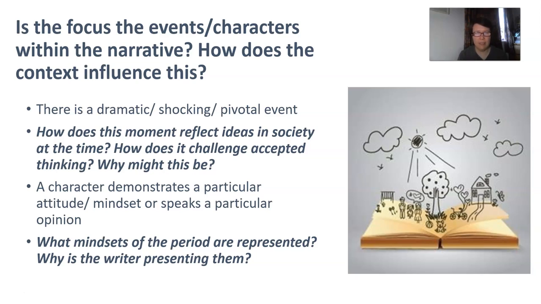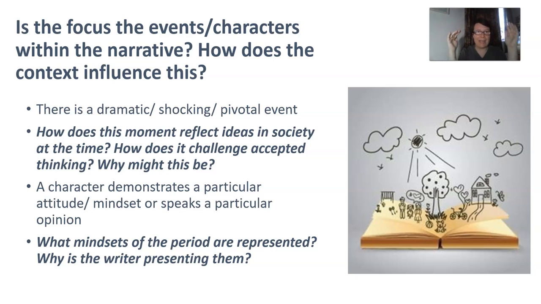Or you might have a character that demonstrates a particular attitude or a particular mindset, or speaks a particular moment. And so we've got characters like Moira, or Offred's mother, or Serena Joy in The Handmaid's Tale, who in themselves signify particular ways of thinking in America that Atwood is also giving us a commentary on.